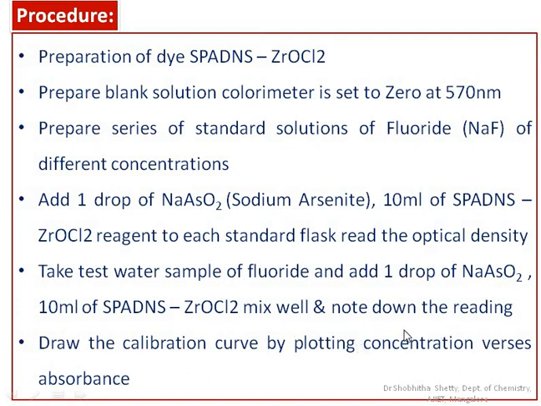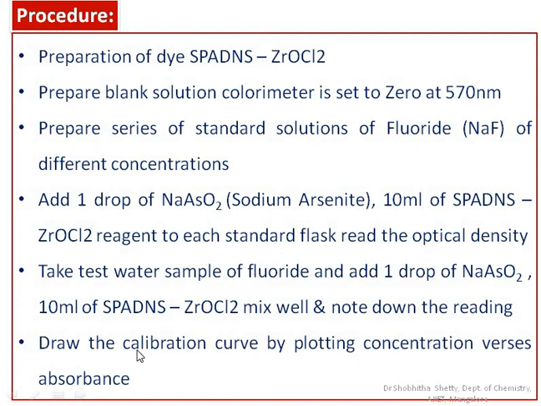We know the concentration of all the standard solutions that we have prepared, as well as the absorbance of all the standard solutions measured using the colorimeter. And one more thing, from the test water we know the absorbance of the test water sample also, but the concentration is unknown.